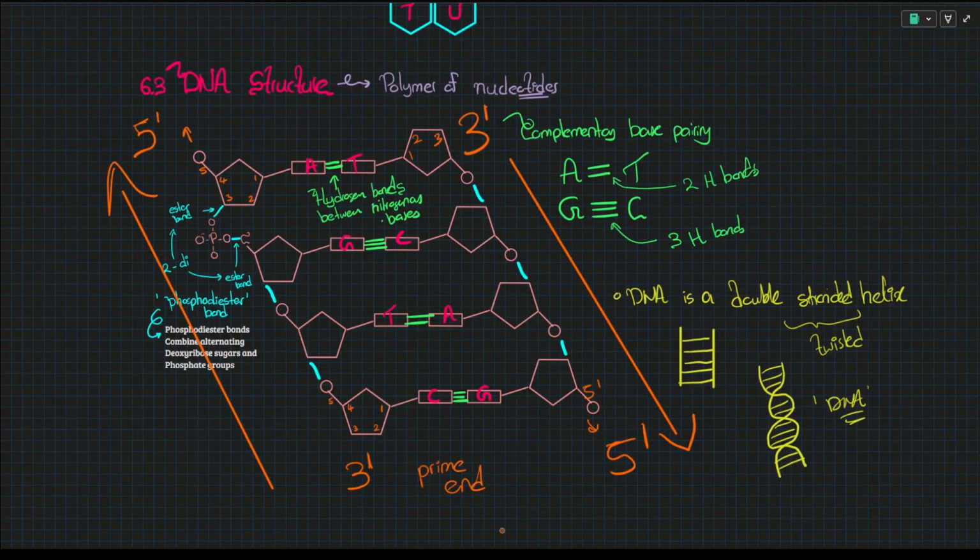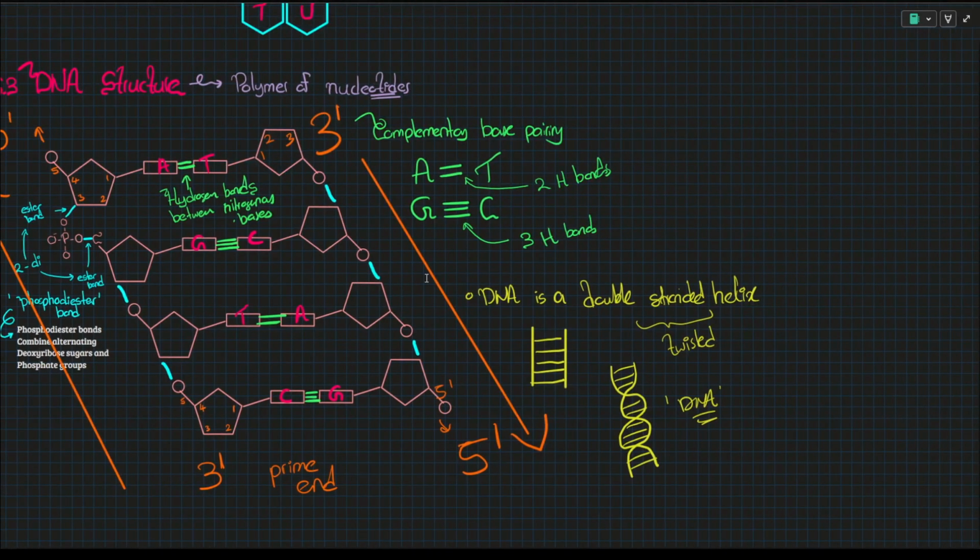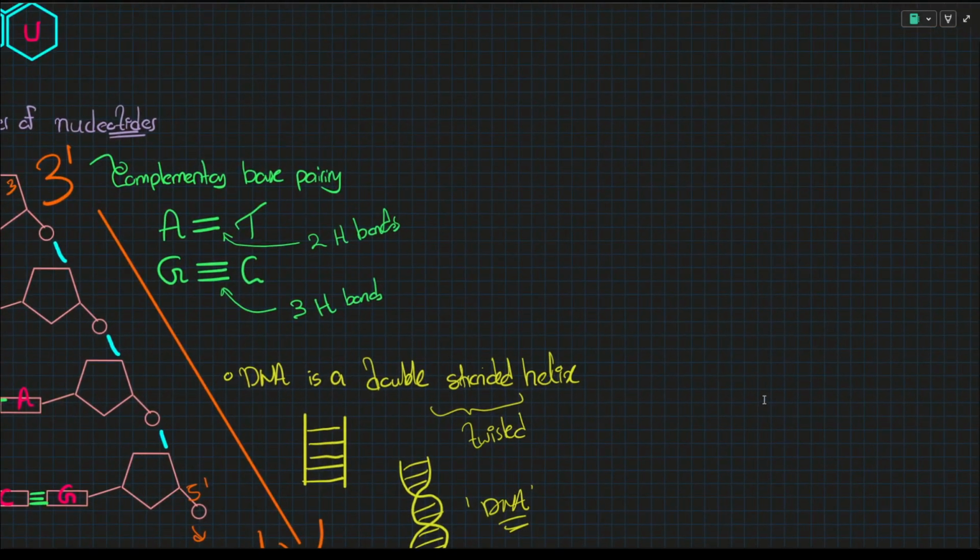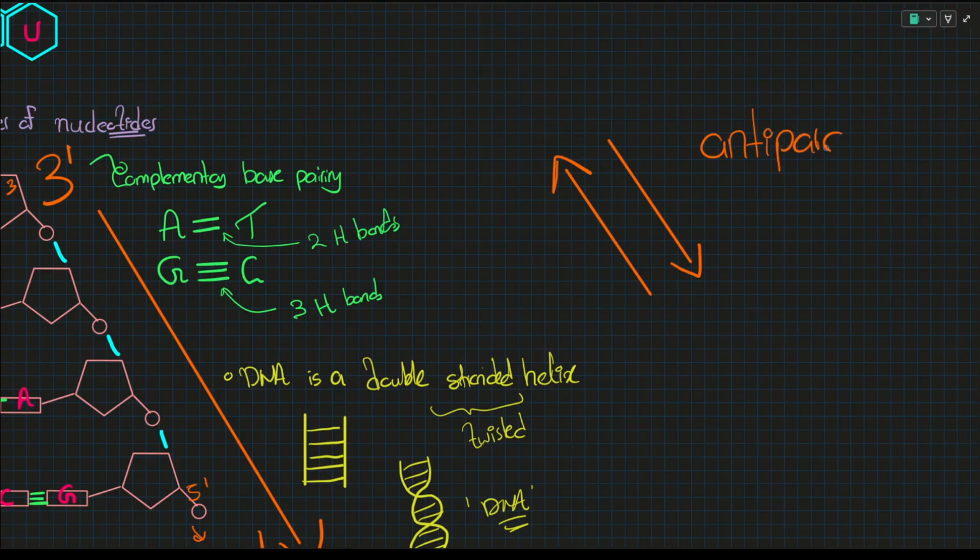What can you get from this? One strand is running this way, the other strand is running this way. The noteworthy mention you gotta get out of this is DNA is referred to as an anti-parallel molecule.